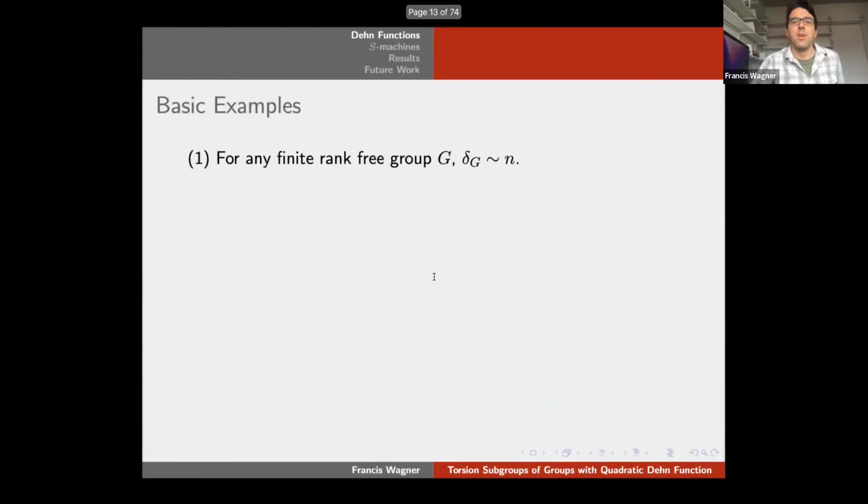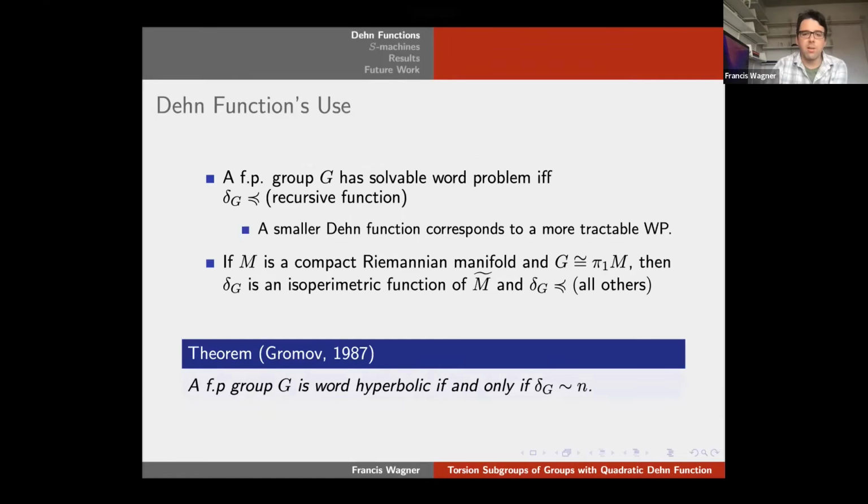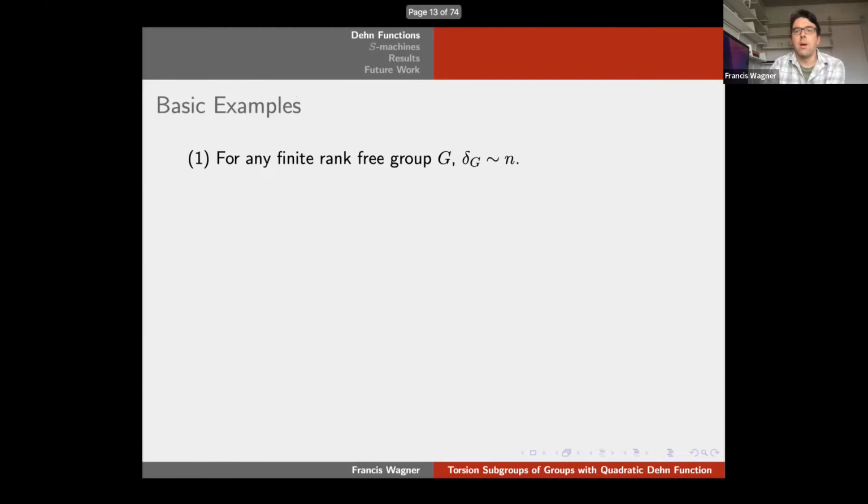All right. So a few basic examples of the Dehn function. The Dehn function of a finite rank free group is immediately equivalent to the linear function. One can see this immediately from this theorem of Gromov, because free groups are definitely hyperbolic.